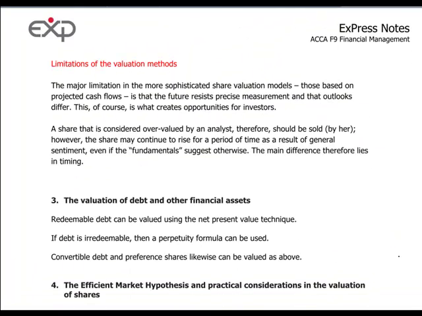Now, of course, we should also be able to consider what the limitations are on various valuation models. Generally speaking, the methods that we use here, the financial mathematics, is largely the same as practiced or presented in earlier chapters of these express notes.